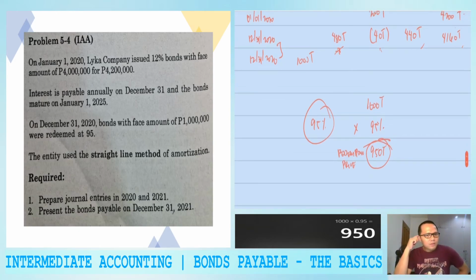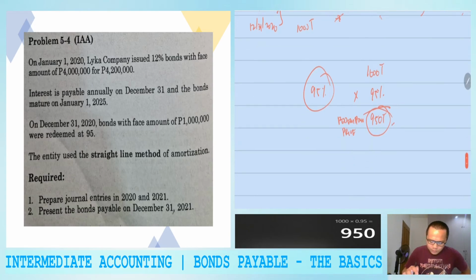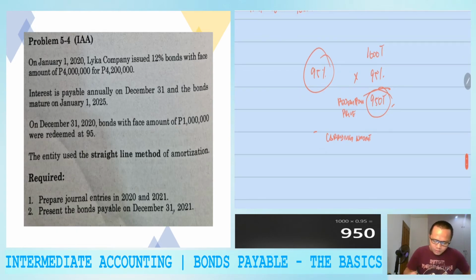So, with this, let's compute now for the gain or loss on redemption or retirement. So, again, redemption price now 950,000 versus your carrying amount, which in this case, we need to compute.